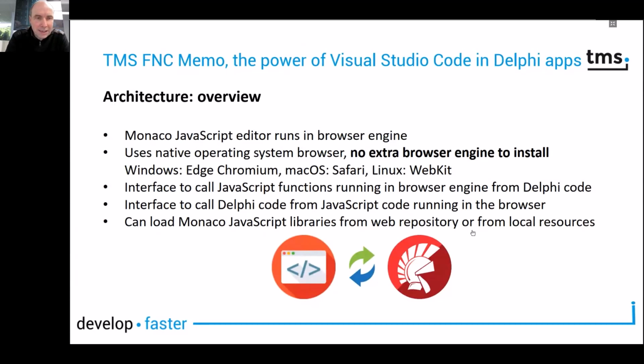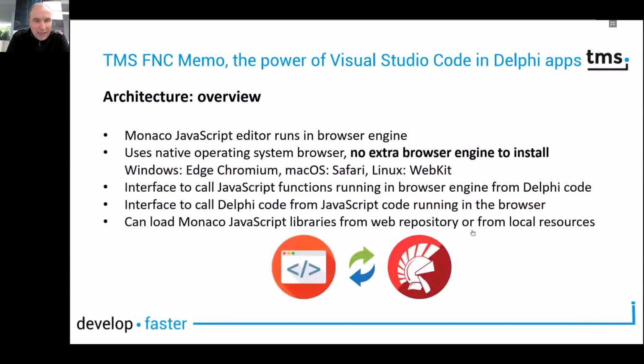And on Windows, this relies on the Edge Chromium engine that replaced for quite a while now the Internet Explorer engine. On macOS, it will be using the Safari browser engine, and on Linux, the WebKit engine.